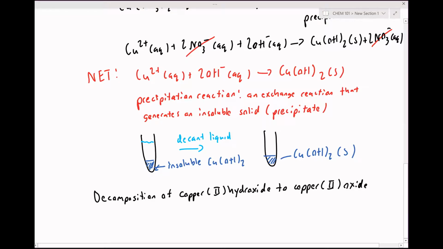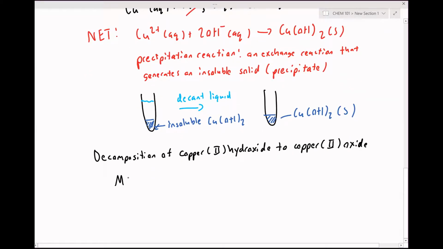Now, it's commonly known that if you take a metal hydroxide and subject it to heat, you will generate a metal oxide plus water. This is a classic decomposition reaction. And this is a classic framework for the decomposition of a metal hydroxide.